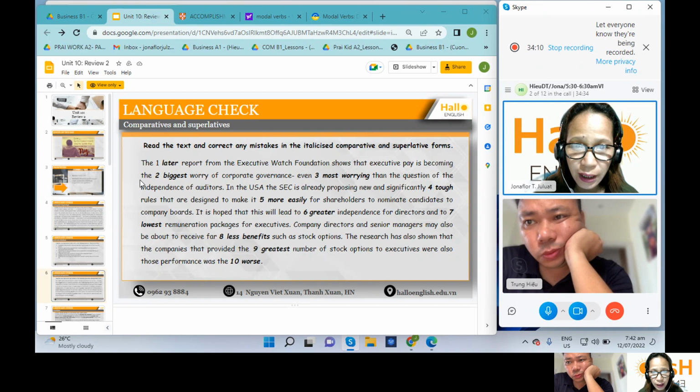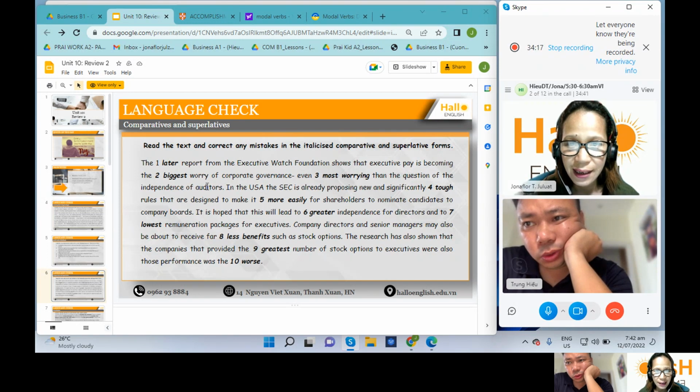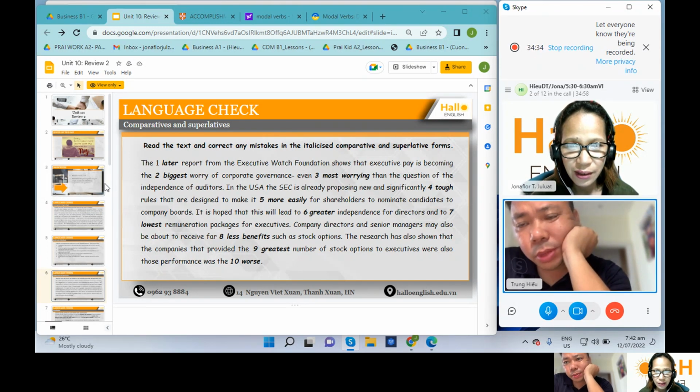more worrying than the question of the independence of auditors. No, because you are comparing. Number three may become the most boring.